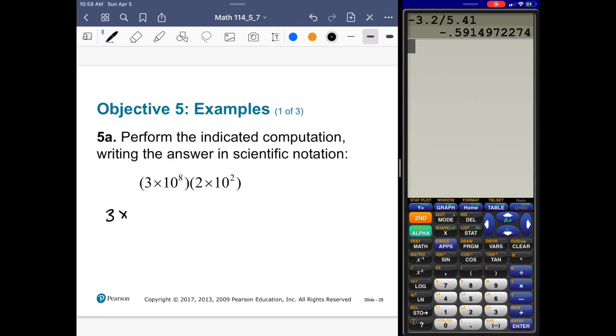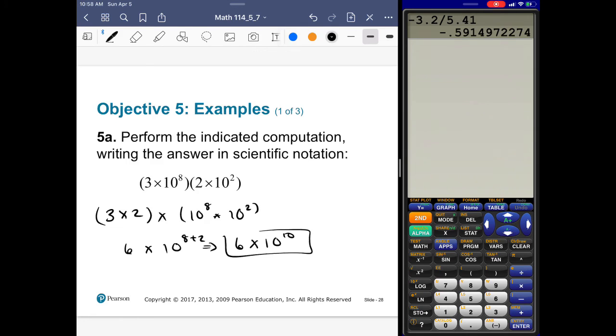So this is 3 times 2 times 10 to the 8th times 10 squared. So this becomes 6 times 10 to the 8 plus 2, which is 6 times 10 to the 10.